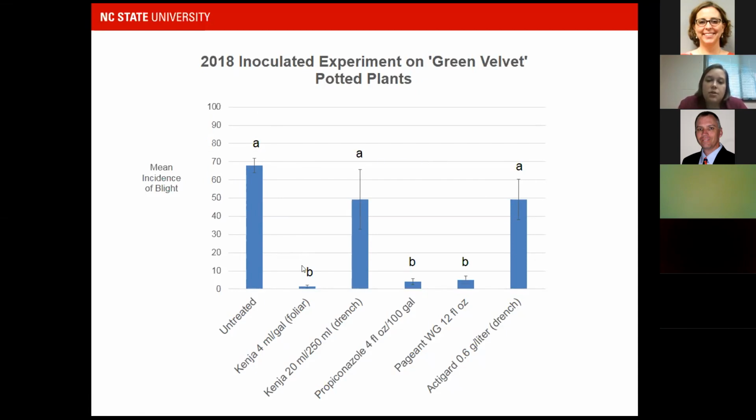And then kind of the same trends, this Kenja, the SDHI, propiconazole, a DMI fungicide, and then the Pageant here, which is an SDHI and QoI mix, provided control against the boxwood blight. So for these products, you'd have to check; I don't think they're registered for boxwood blight because we're just testing to see what chemistries work to control the disease, but it shows that the conventional fungicides help manage the disease, and that the SDHI and DMIs work at controlling the disease.